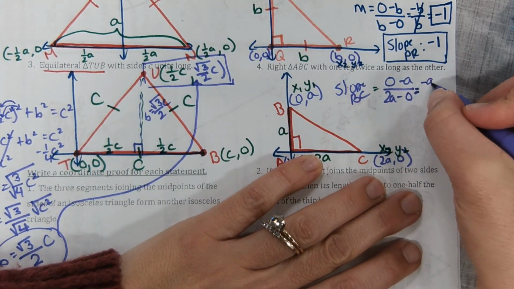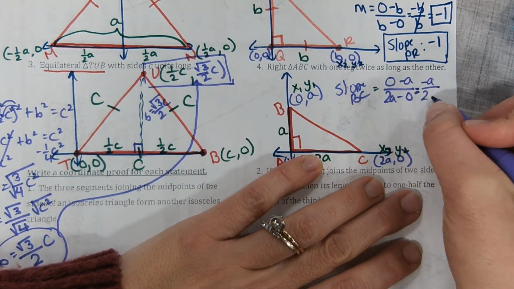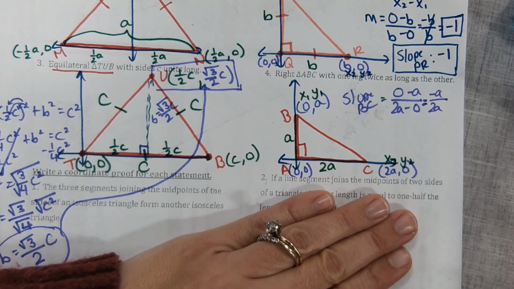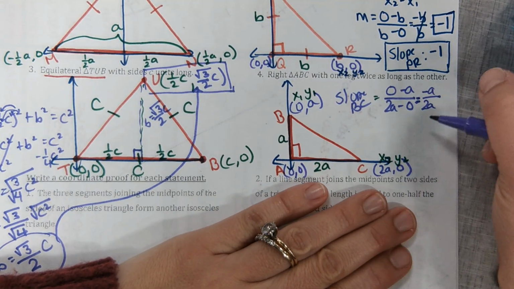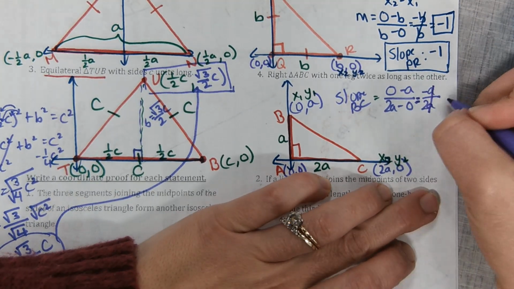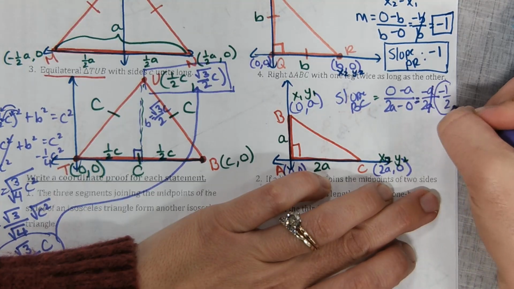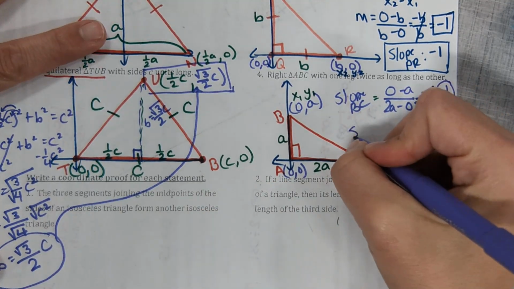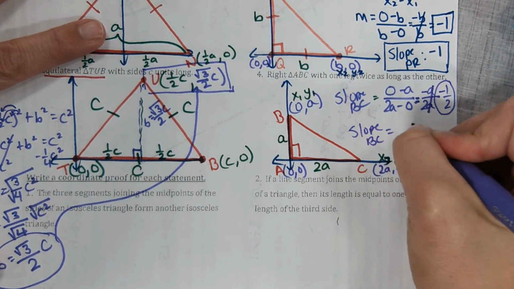Get negative a over 2a minus 0 is 2a. The a's cancel and you get negative 1/2. So the slope of BC is negative 1/2.